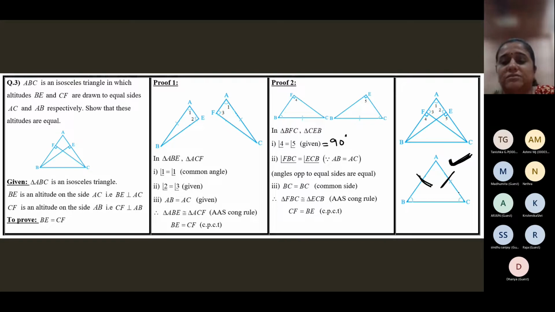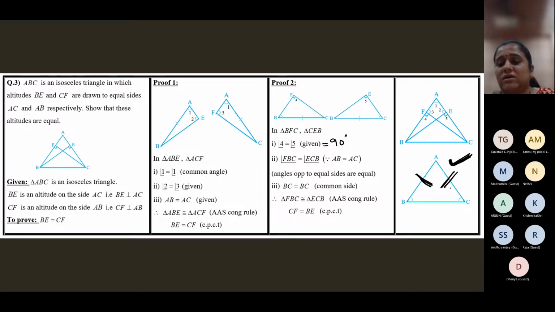Angles opposite to equal sides are equal, ma'am. Yeah, the angles opposite to equal sides are equal. Danya and Sanjay, very good. So in a triangle, when these two sides are equal, the angles opposite to them are also equal. That's not given, but we get that result using the theorem.